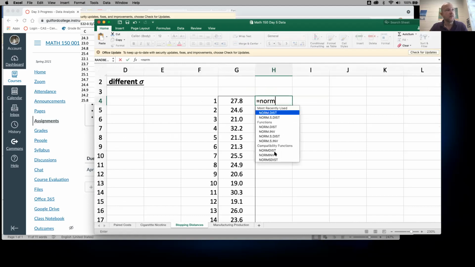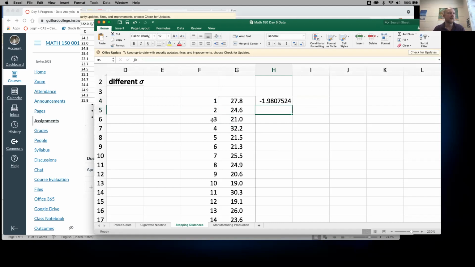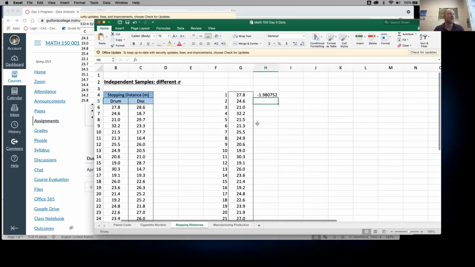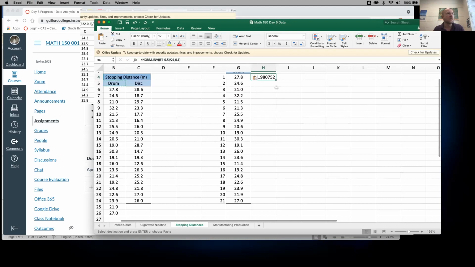Equals NORM.S.INV, open parenthesis, another parenthesis, this number over there, don't type it in, just get the F4 wherever it is you put it at, minus 0.5, and that's to prevent a weird error, divided by, we saw that there were 21 of them, okay, comma, 0 and 1, okay. Then once you've got that, actually I should maybe label this, but once you've got that, you drag it down to the rest of the things beside it.